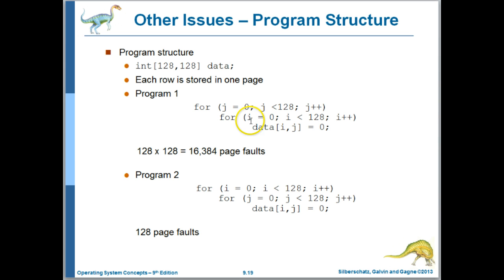Whereas if we simply rearrange the indexes so that we're accessing adjacent elements on each memory access, each time the inner for loop executes, it's only accessing a single page. So we could incur just a single page fault each time i increments, giving us a far lesser number of total page faults.